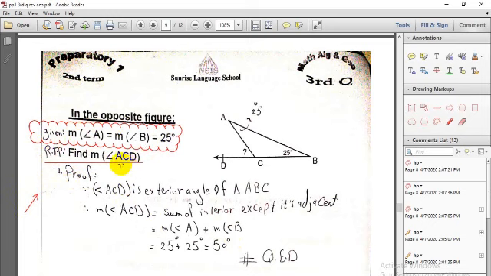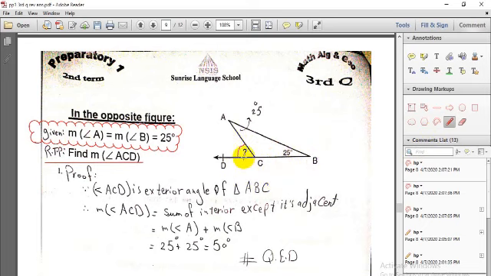Remember? Let's see. He's telling you that the measure of angle A and the measure of angle B is 25. He's not writing this 25; you draw the figure and write 25 on the figure. So this 25 and this 25. He wants the measure of angle ACD. Do you see this angle? This angle is an exterior angle of triangle ABC.